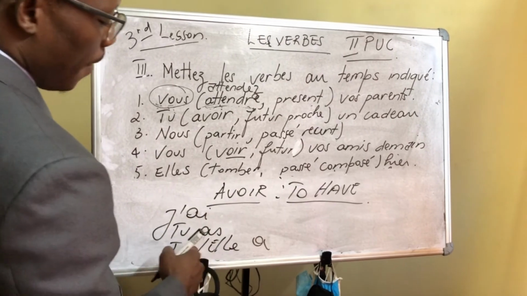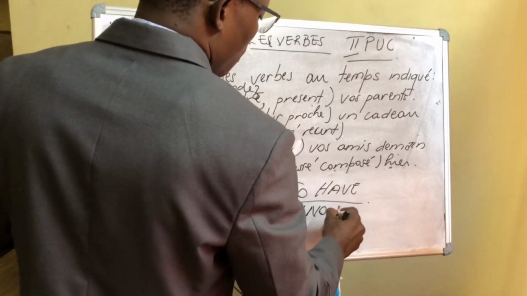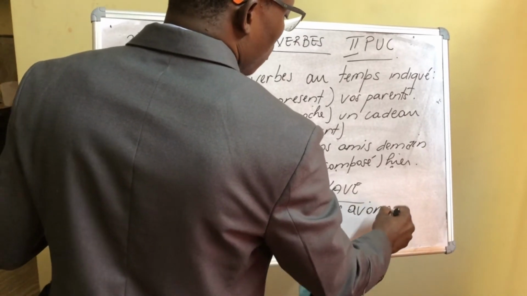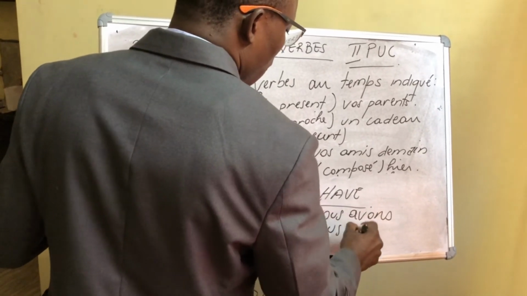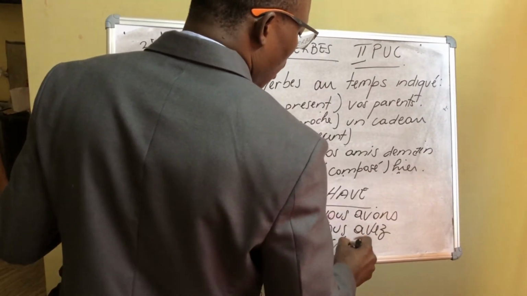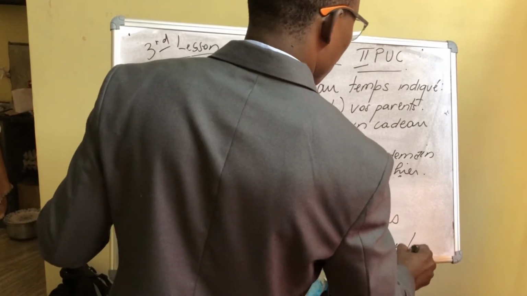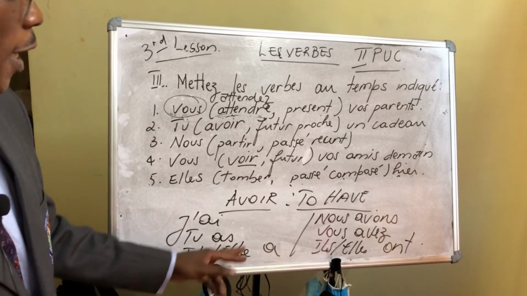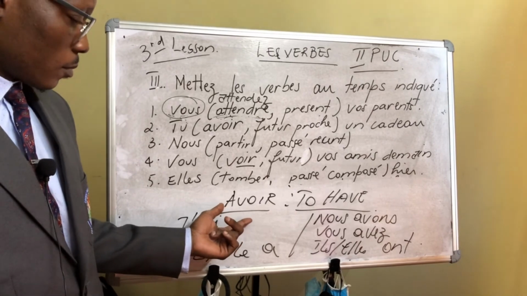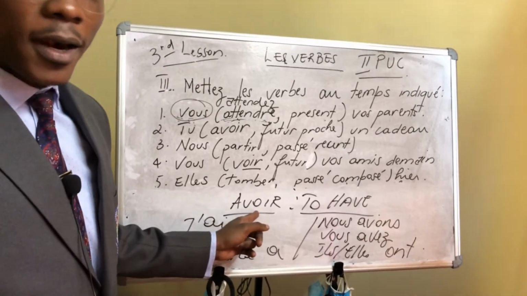J'ai, tu as, il a, elle a. Nous avons. Vous avez. Ils or elles ont. Okay? This is the present tense of avoir.